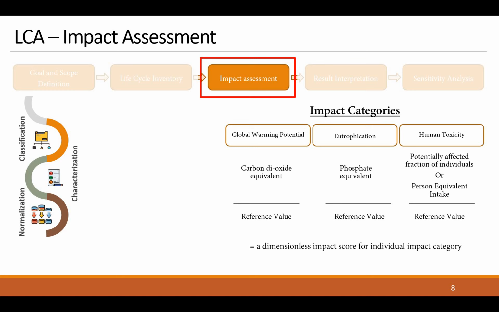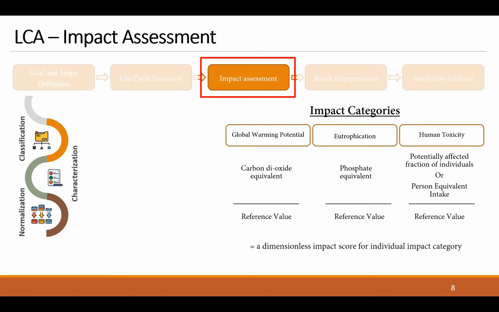So what is this reference value? It is again up to the goal and the scope of the project, how we want to define the reference value. It can be the global averages or local, your geographical location averages, of that particular impact to the environment.